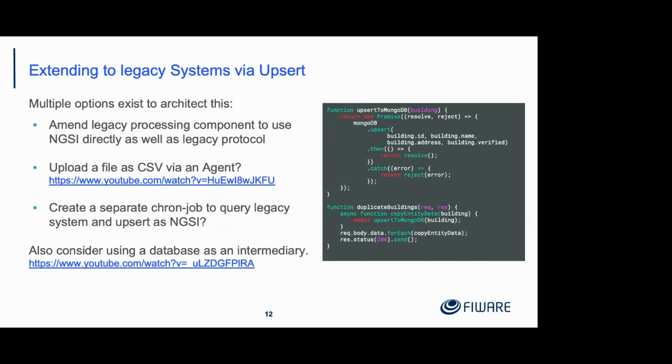Indeed, if you look at the Postman collections we've got, you can just click a button and do it in the syntax you prefer. So I could go around, modify my code, say, okay, what bits of my legacy system do I need as context data? I can then say, okay, whenever those things change, directly do a send of NGSI to my context broker. This is the equivalent of your plugged-in device.